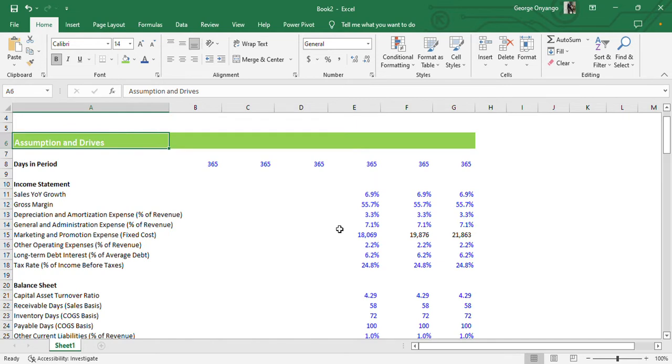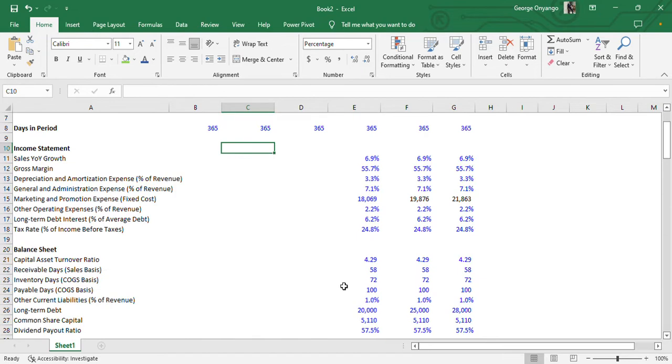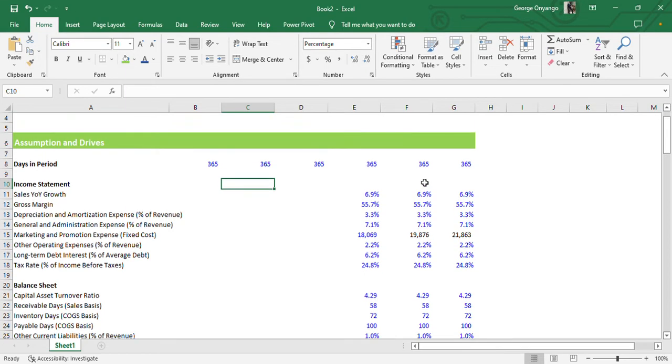So as you can see, assumptions and drive for the current and the last 2 years have not been given, but the information provided by the business is giving us some of the assumptions and drive in the next 3 years. For example, here sales year on year for the next 3 years, they are assuming that sales growth is going to increase by 6.9 every year.